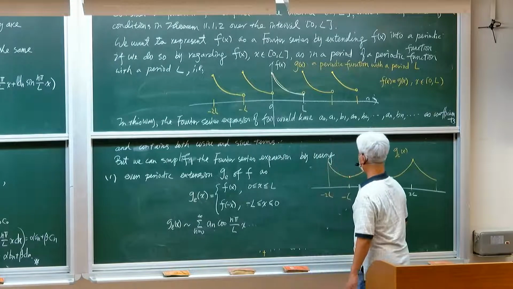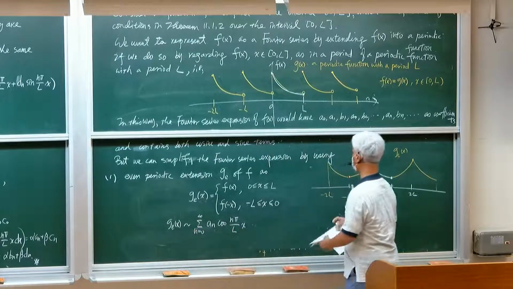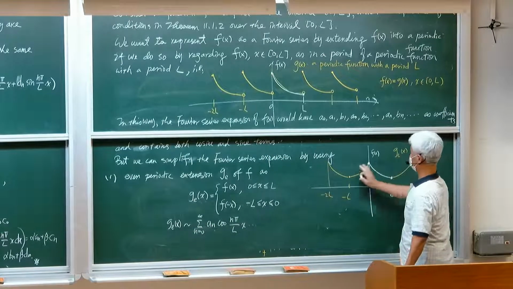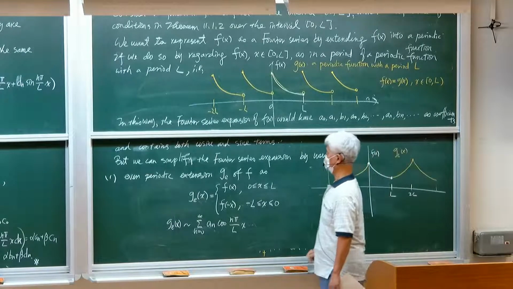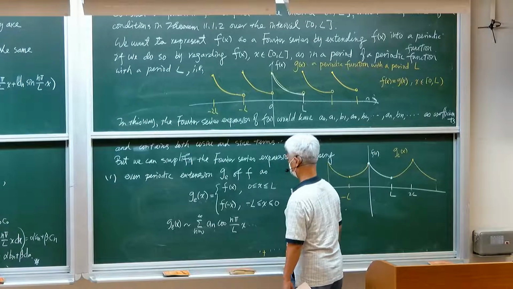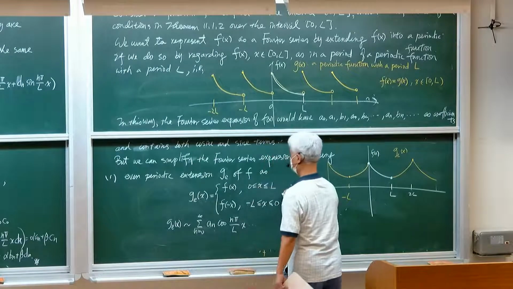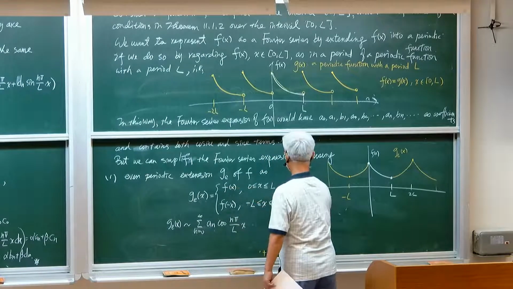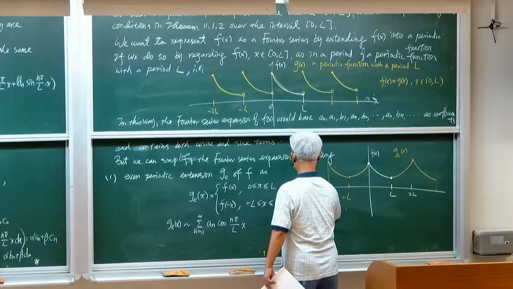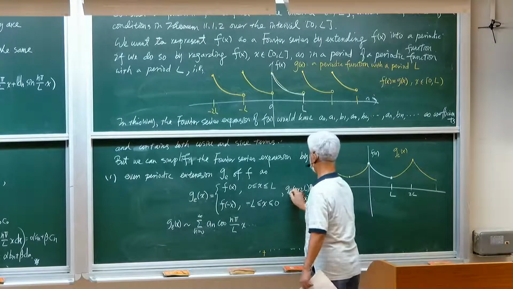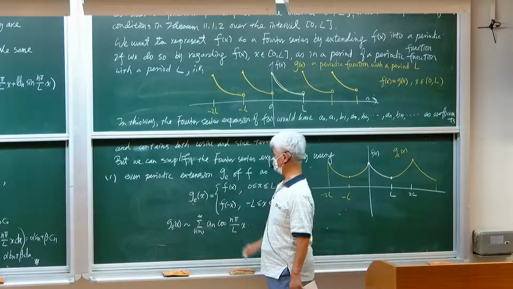And because this Fourier series expansion represents the whole periodic function, g_e of x plus 2L is equal to g_e of x. So this is just one period of the even periodic function.